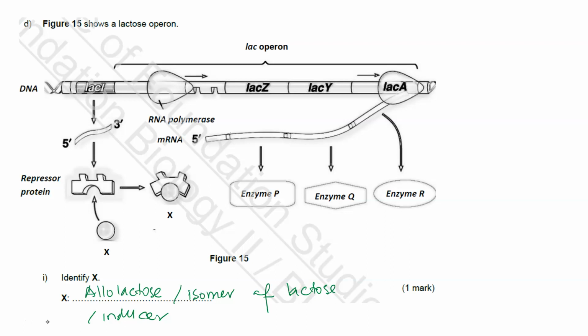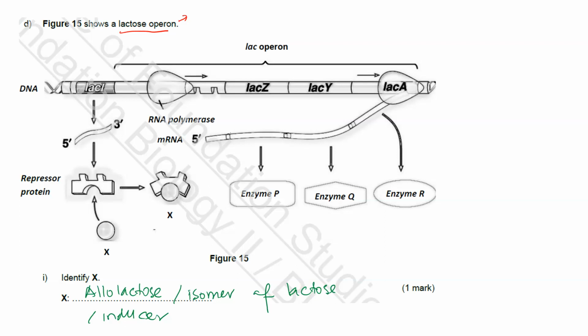Okay, so the next question, figure 15 shows a lactose operon. The lactose operon is a group of genes found in bacterial cells, and this operon is regulated in the presence of a molecule.